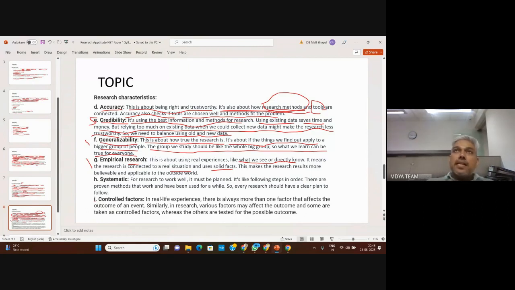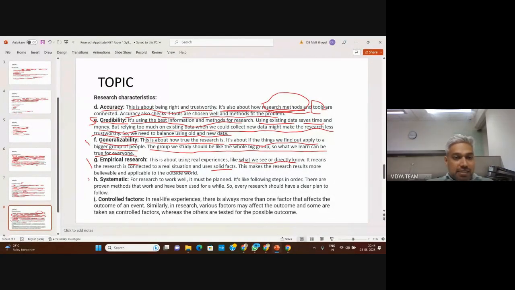I see the sun and I see different types of images there. So this is my personal experience. If I tell somebody, he will think that I'm making a fool of him. So if this is happening with me because of my sadhana, I will research on it, why it is happening. So this will be empirical research.